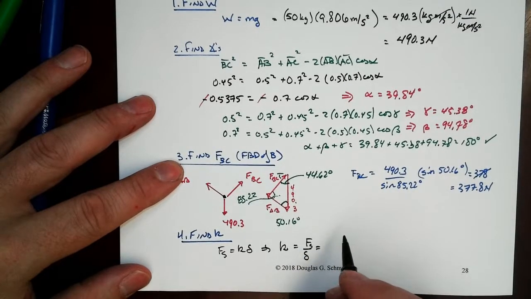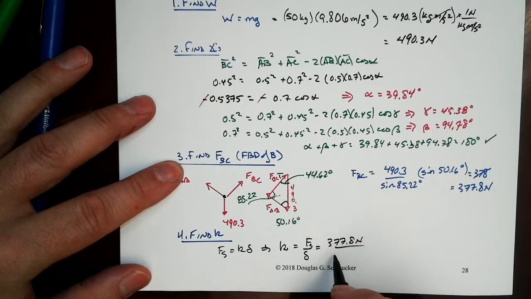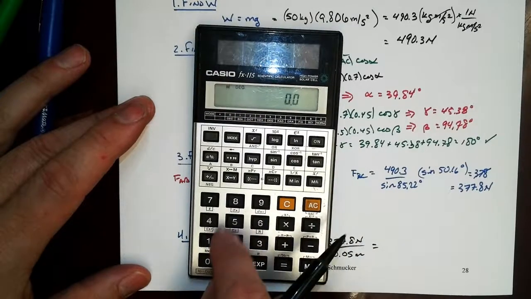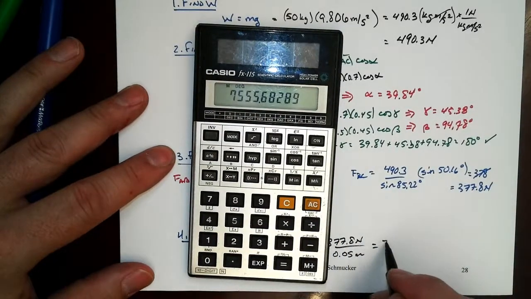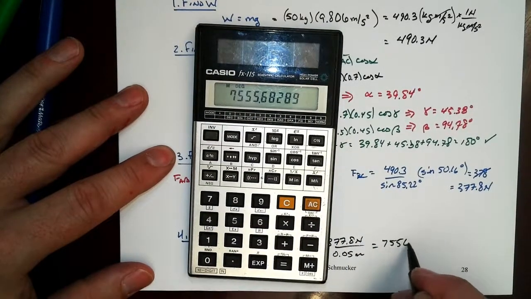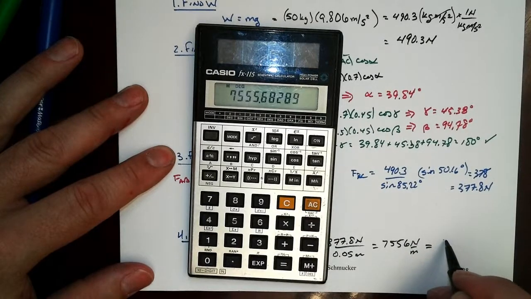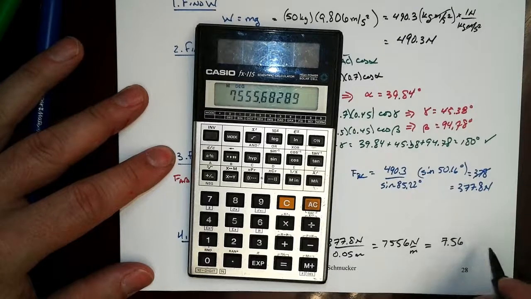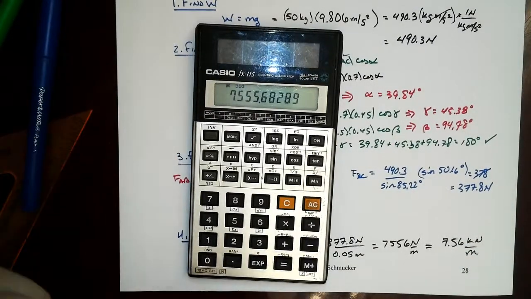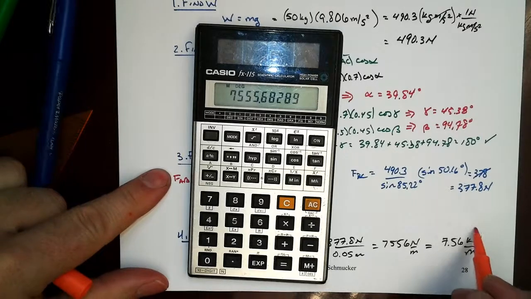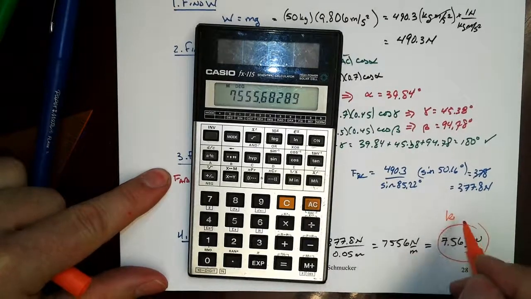That's 377.8 newtons divided by the elongation of 0.05 meters, and we find that we have 7,556 newtons per meter, or we would more properly call that 7.56 kilonewtons per meter, using the significant digits approach that we do in this course. And there's your answer for K.